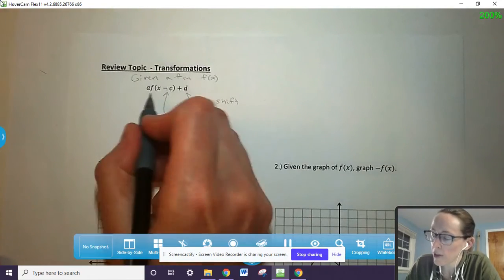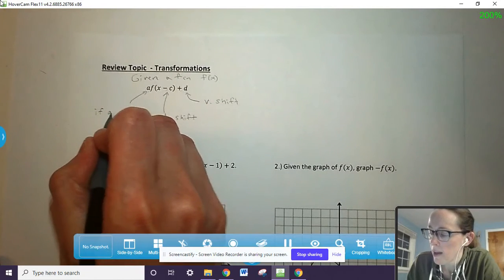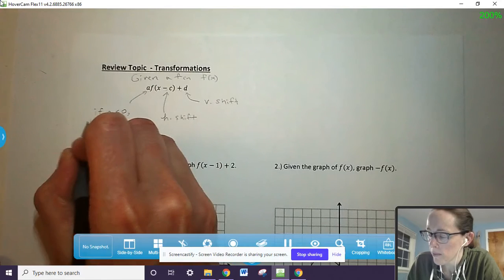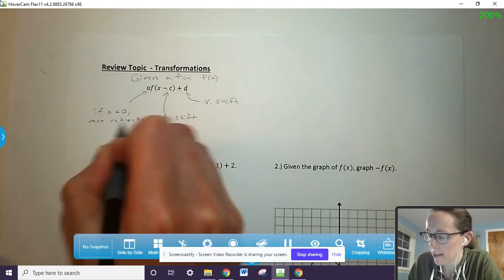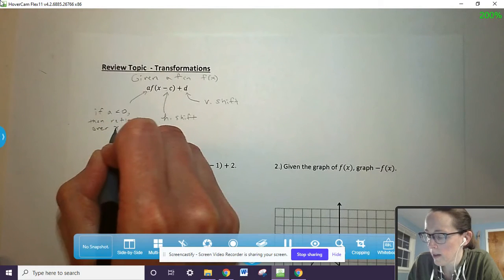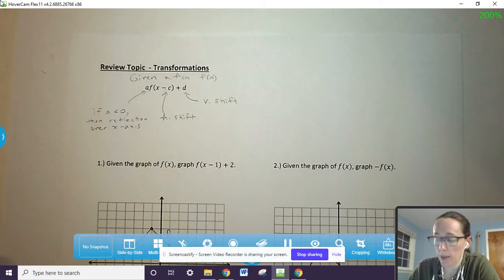And then the a out front controls a few things. If a is negative, then there's been a reflection over the x-axis, or a flip over the x-axis. The other thing a controls is vertical stretching and vertical shrinking.